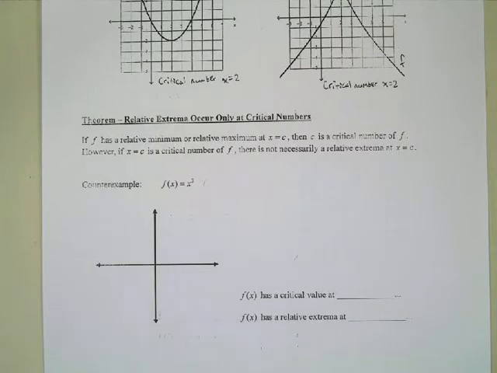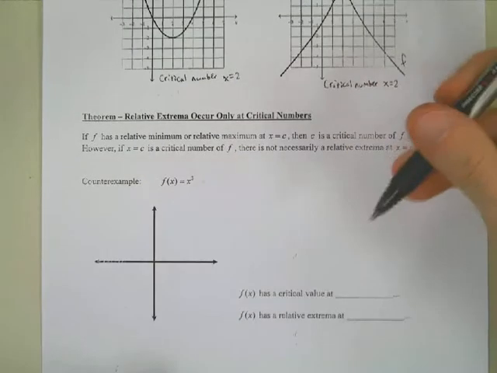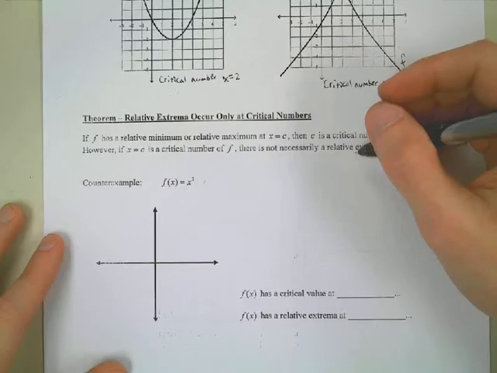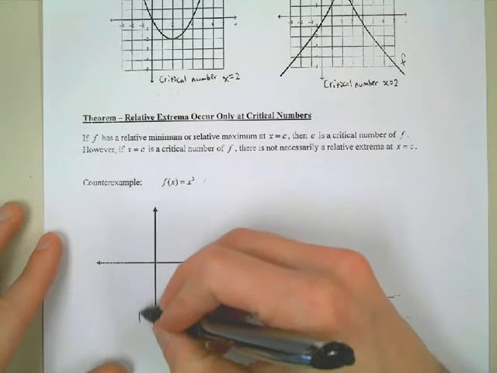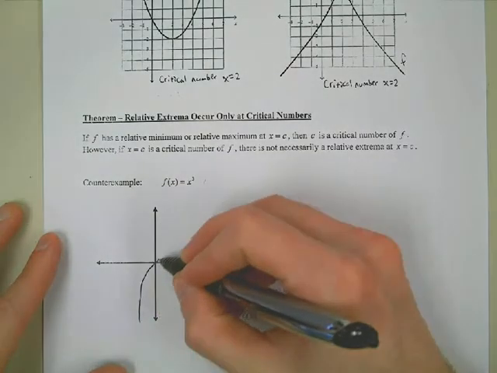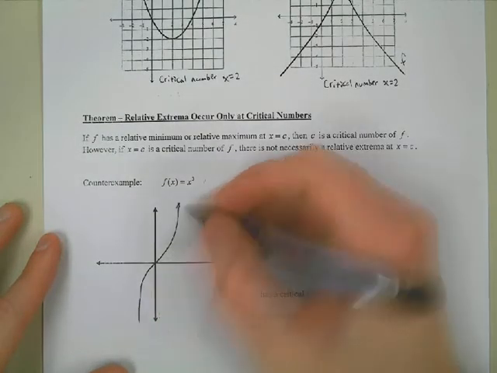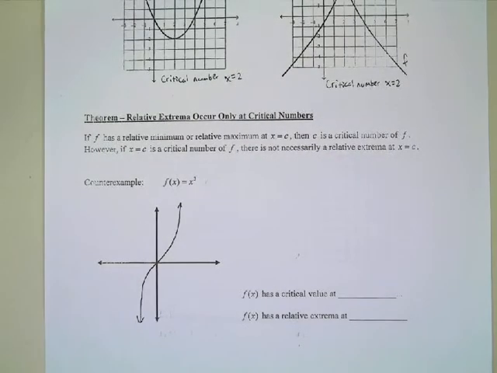And here's an example of that with x cubed. So let's do a quick sketch of what x cubed looks like. All right, so it kind of comes up like this, goes through like that, and comes up like this again, right? I didn't do a great job sketching that. Let me see here. My graphing calculator is back. The calculator probably does a better job than I do graphing this.